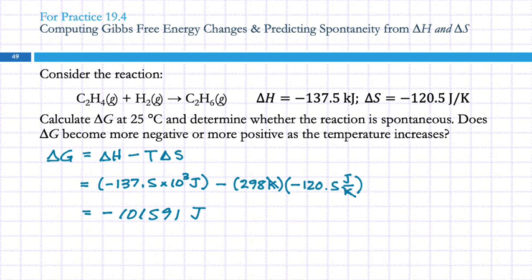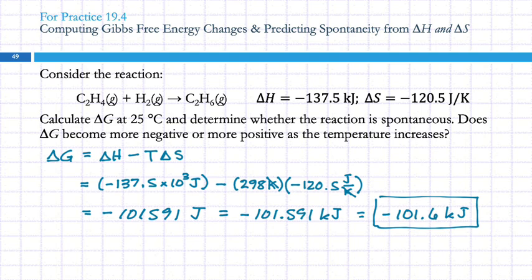So this is a big number, right? And so we would usually use kilojoules to express that. So that's negative 101.591 kilojoules, negative 101.6 kilojoules.